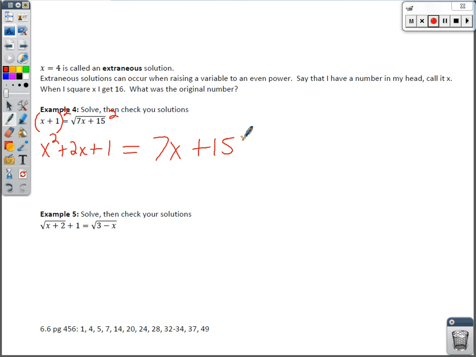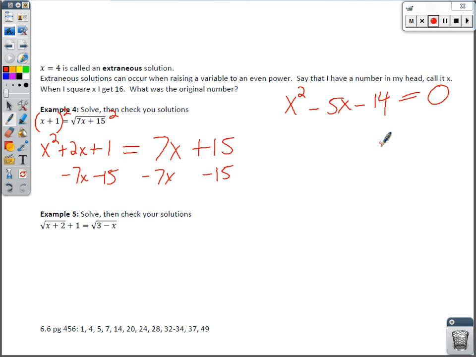Then we need to get 0 on one side of the equation. So let's subtract 7x and subtract 15 from both sides. That'll give us 0 on the right side. So we get x squared minus 5x, and then minus 14. Again, we could use the quadratic formula here.